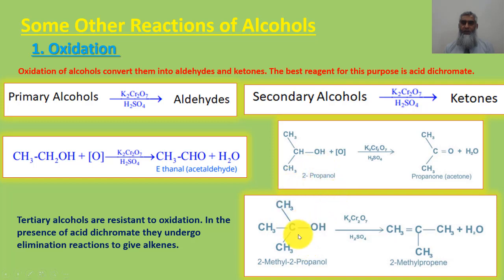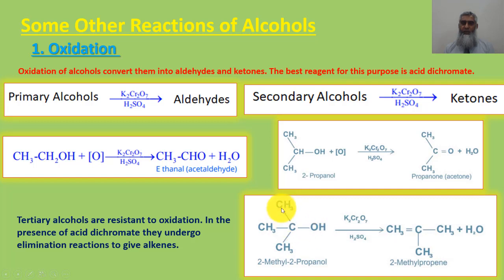This tertiary alcohol on oxidation with acid dichromate, oxidation will not take place, rather elimination will take place. The OH group from this carbon atom will be eliminated, and hydrogen from one of these 3 carbon atoms attached with this tertiary carbon will be removed, then hydrogen will combine with OH to produce water.